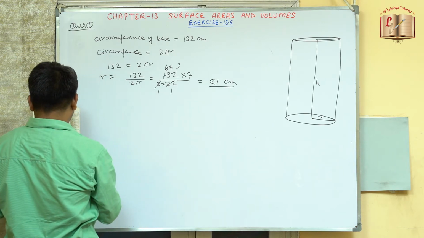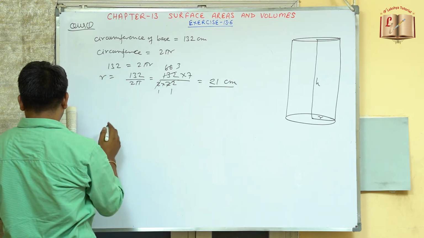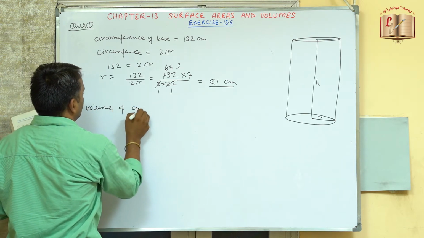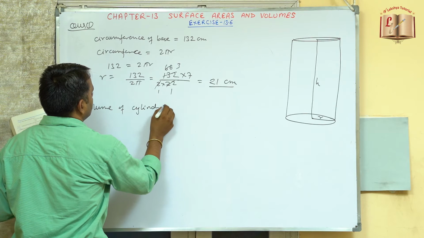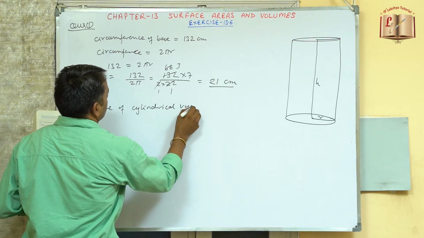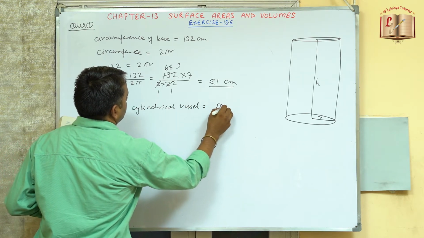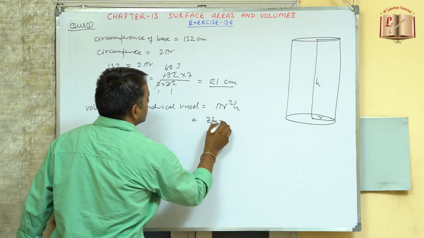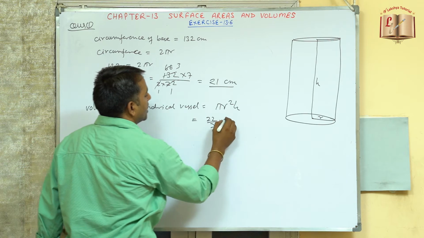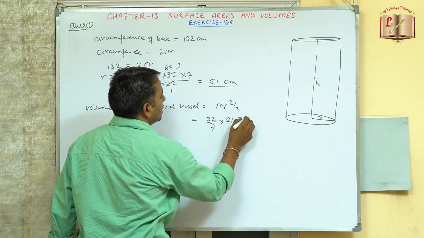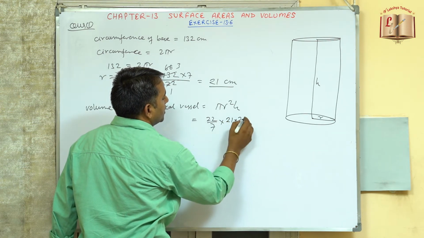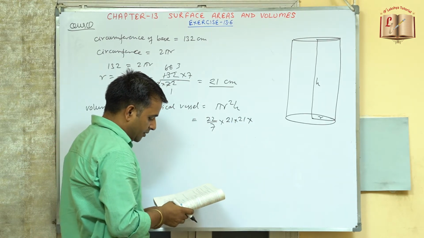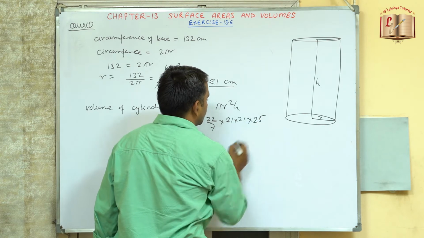Now we need to find out the volume of water. So volume of cylindrical vessel will be equals to pi r square h. So pi is 22 by 7 into r square, r is 21 into 21, and into height, height is already given, height is 25 centimeters.